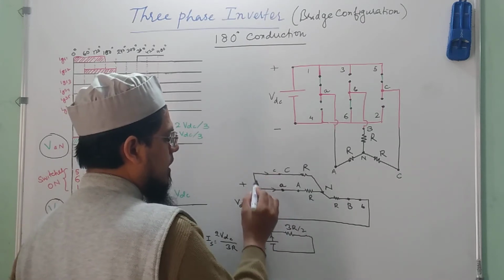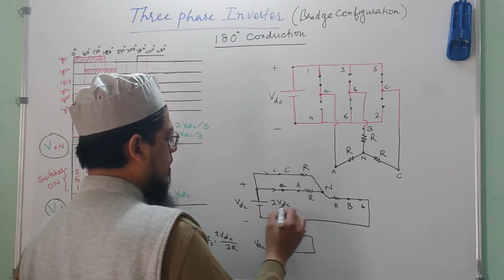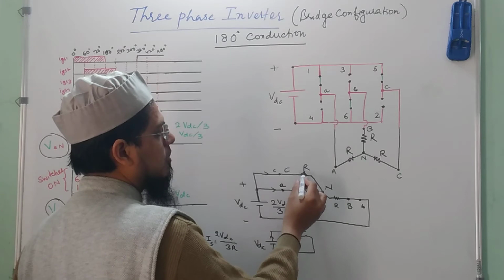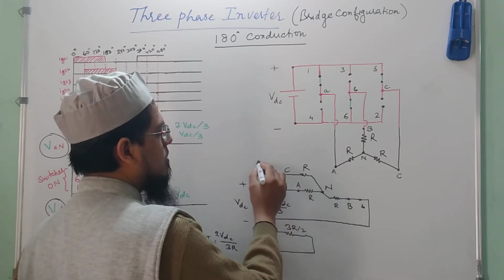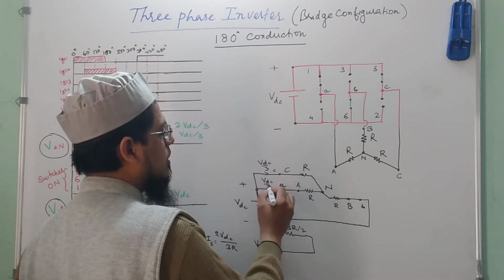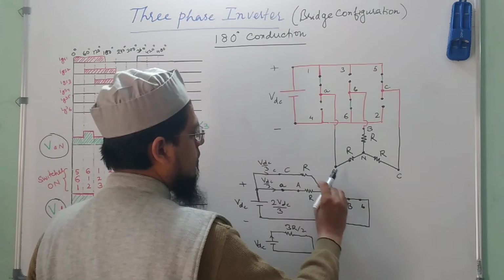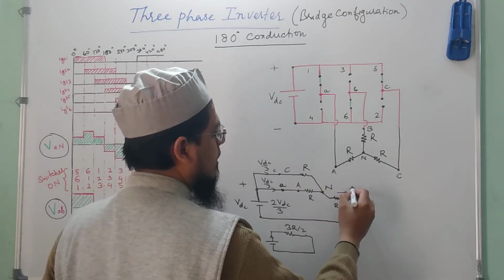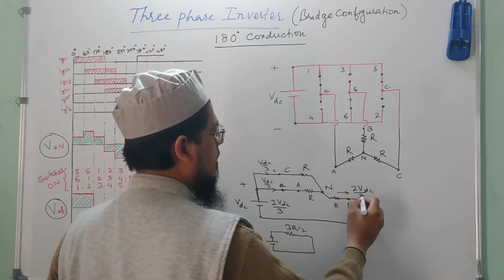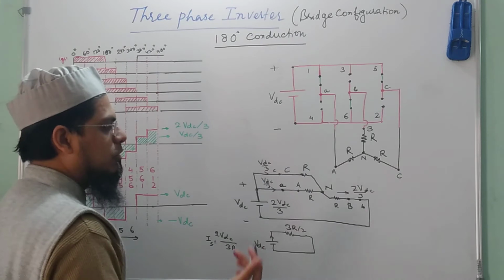Since the current that is coming from the battery is 2 VDC by 3R, and since it is equally divided here because these two are R and R, that means VDC by 3R will go here and VDC by 3R will go in this branch, and then finally they will combine here, and this would be 2 VDC by 3R. So what is the voltage drop here? That would be VAN.